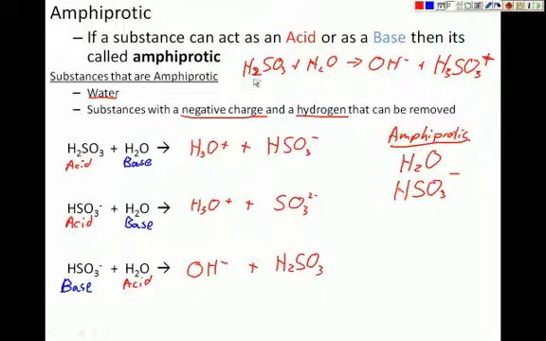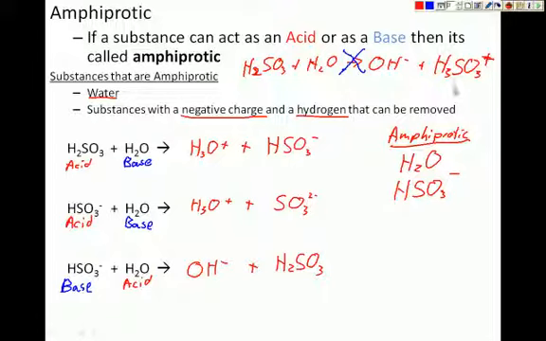and therefore cannot act like a base, because, well, things that usually act like bases, things that are amphiprotic, must have a negative charge here, unless it's water, of course. Water is the big exception. And since H2SO3 doesn't have a negative charge, this reaction right here is not really possible.